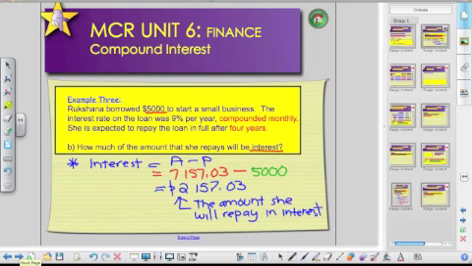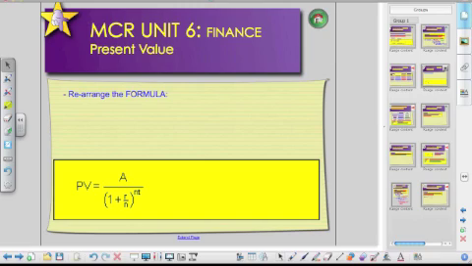Now we have to move on to a different formula, which is the present value formula. So before, we started off with A is equal to P times 1 plus I to the power of N. Now, principal can also stand for present value of the loan. So if I want to solve, instead of solving for my final amount, for my present value, basically I want to isolate the PV.